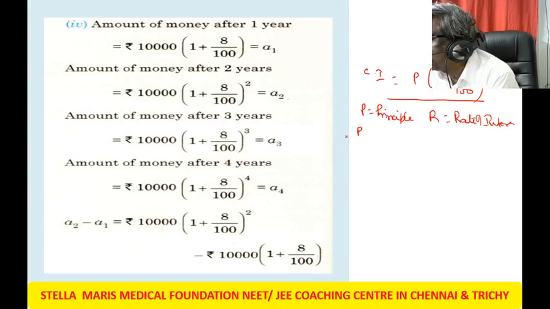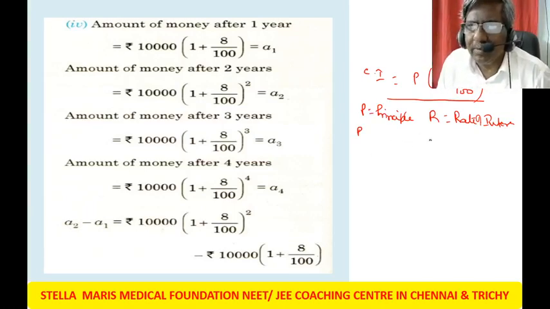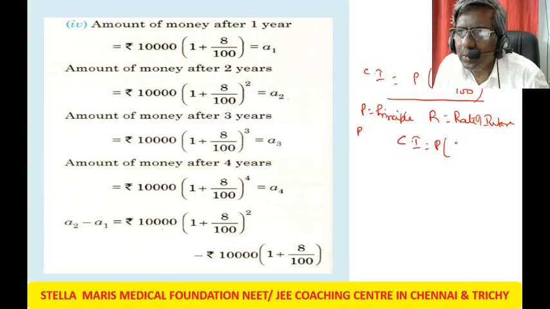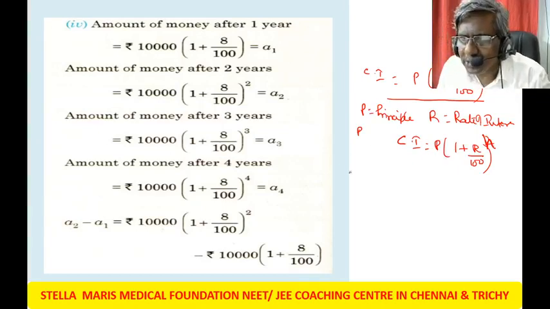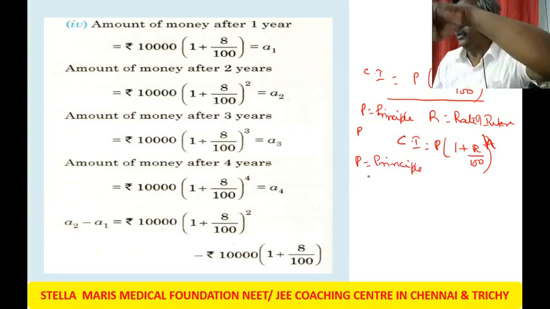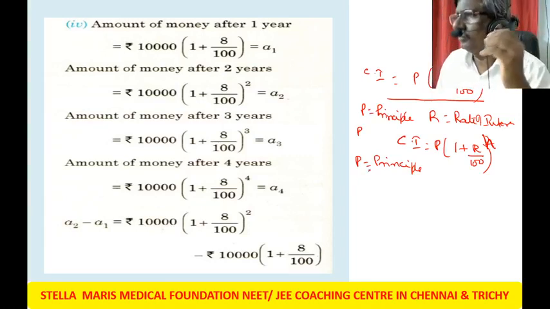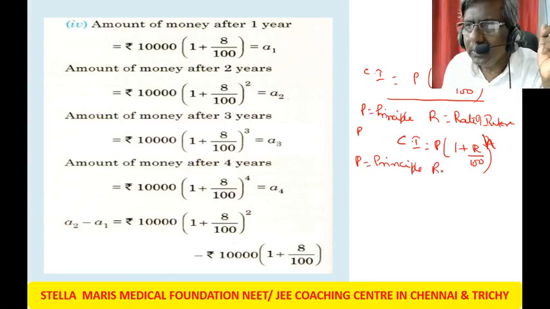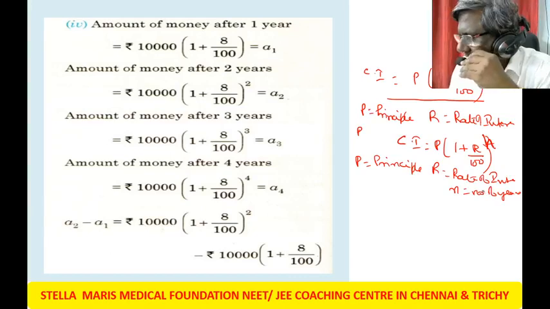The formula for compound interest, I am writing it down: CI formula is equal to P into 1 plus R by 100 whole to the power of n, sorry, it's n, where n is the number of years, P is equal to principal, R is equal to rate of interest, and n is equal to number of years. Clear, Babu? It's a standard formula, need not worry.